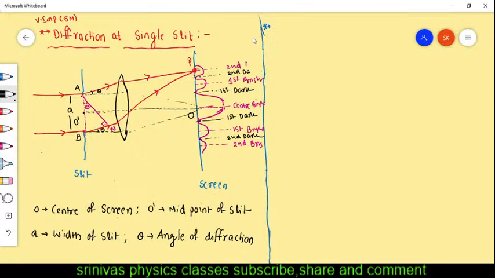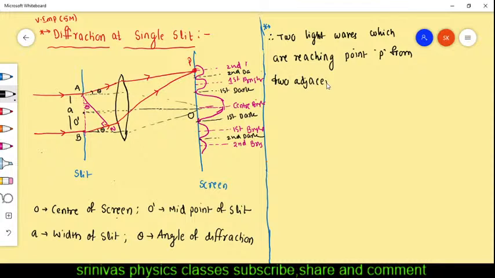The two light waves which are reaching point P from two adjacent parts cancel with each other.